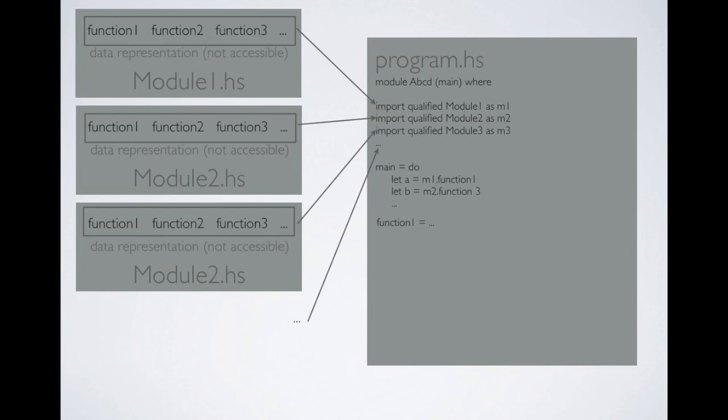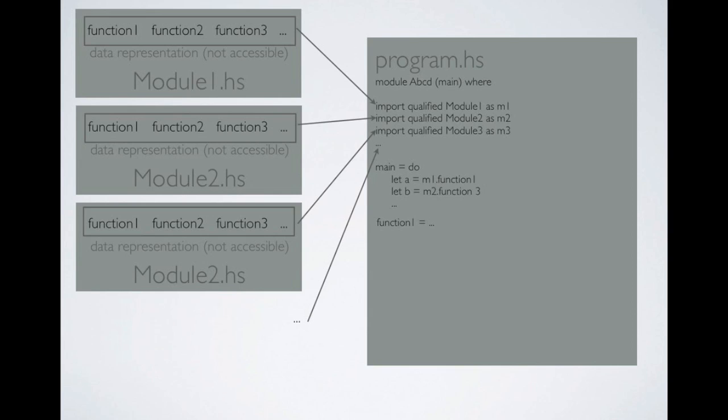And remember that your whole program, program.hs, can be exported as a module. So you go ahead and give the program a module name. For example, it can be module ABCD or whatever name you want to give it, and you only export main.